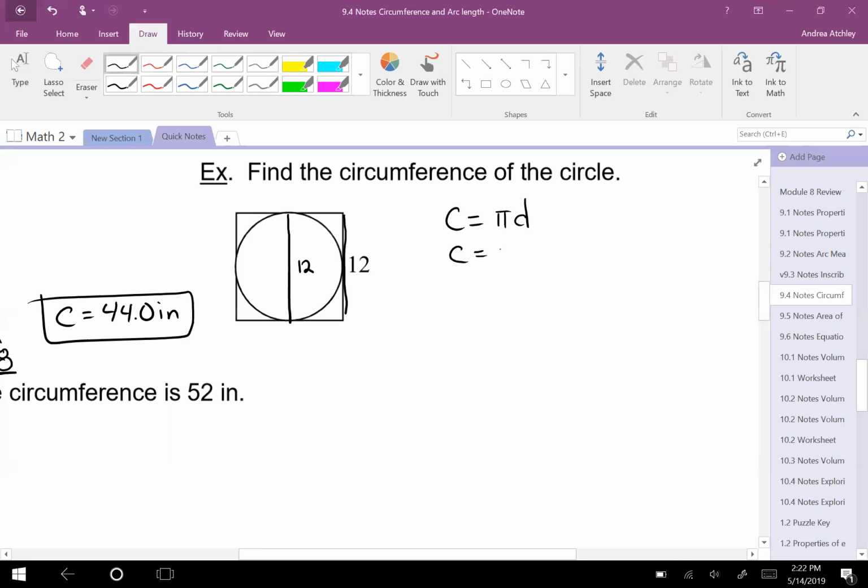So your circumference is going to be 12 pi. I got 37.69. The 9 makes the 6 move up. So C equals 37.7.